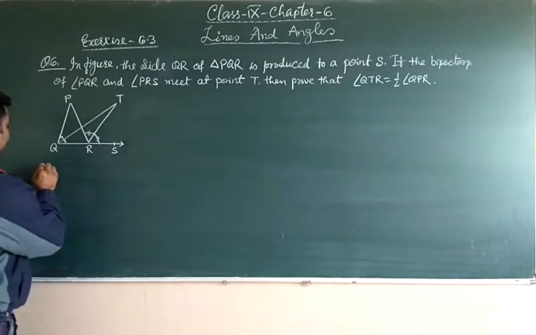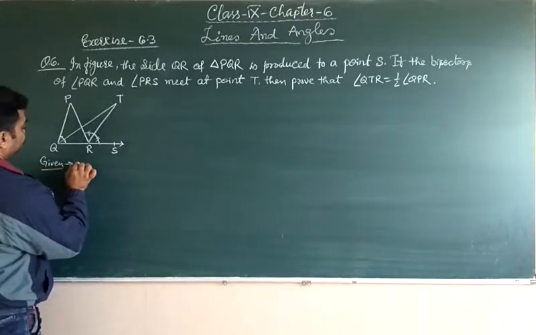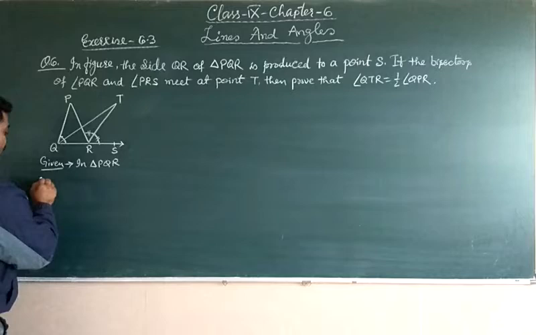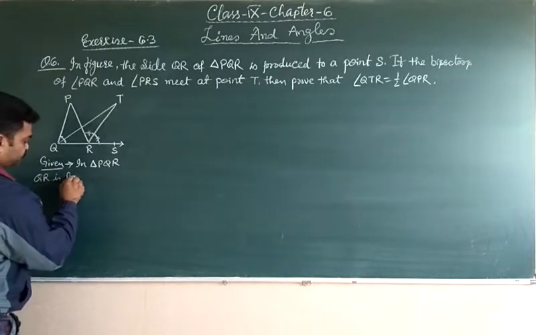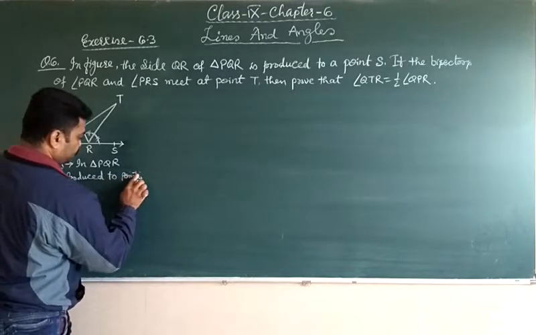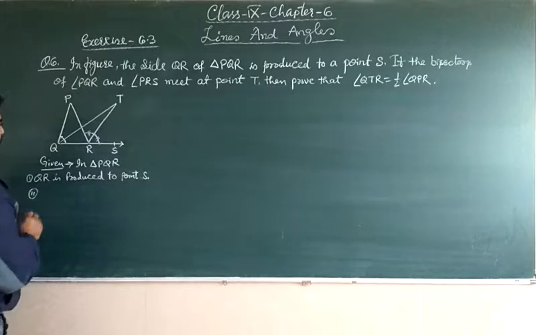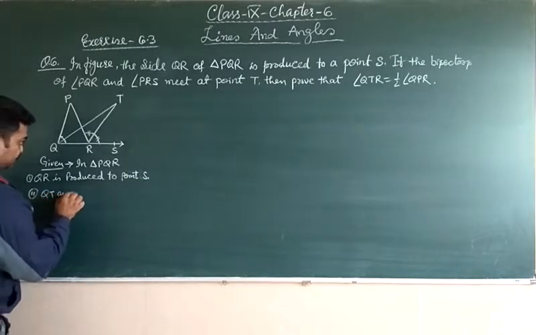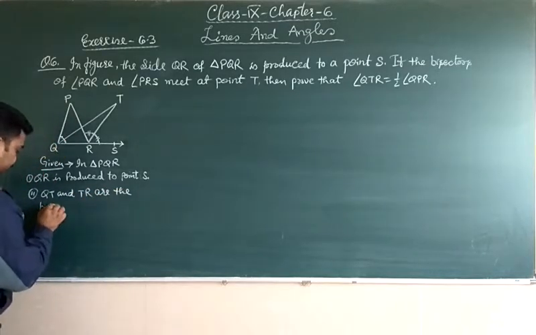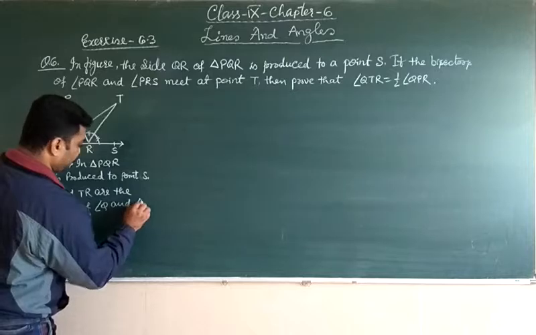We have to prove that angle QTR is equal to half of angle QPR. Clear? So first of all, we will write given: in triangle PQR, QR is produced to point S. Second thing, QT and TR are the bisectors of angle Q and angle R respectively.